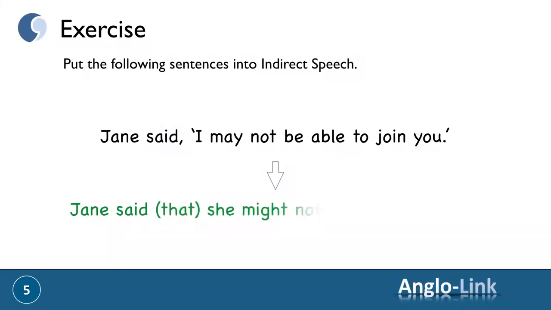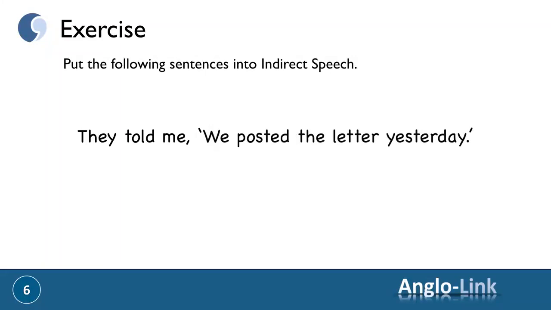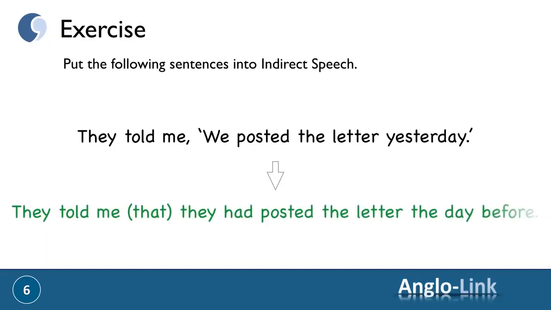Jane said she might not be able to join us. Number 6. They told me, we posted the letter yesterday. They told me they had posted the letter the day before.